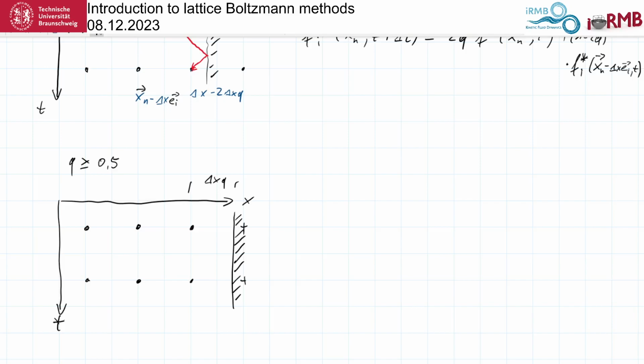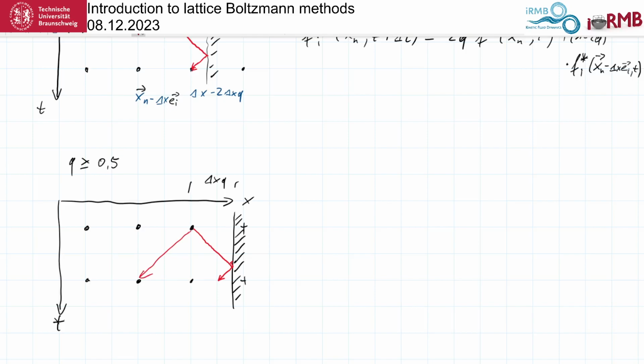In this case, what is happening is the population comes here, will be reflected, and then it ends up here. So it will not reach this.